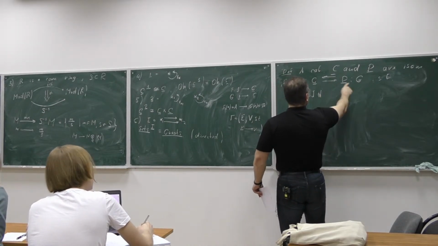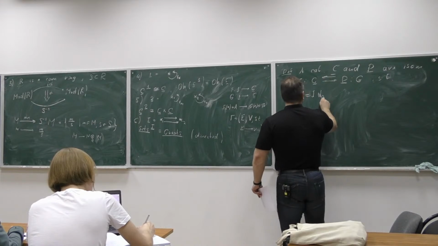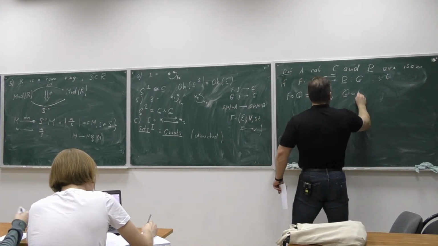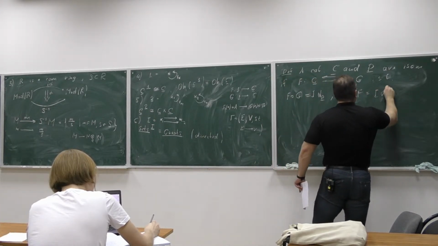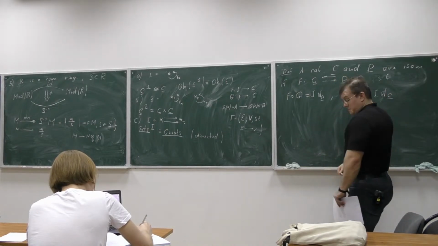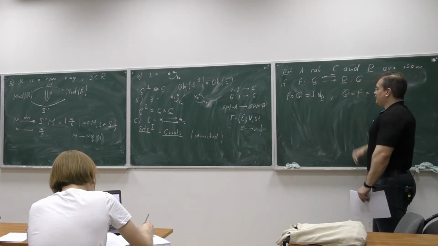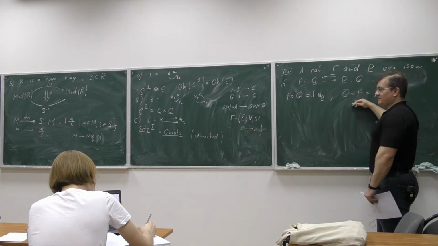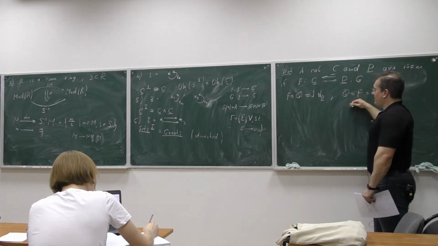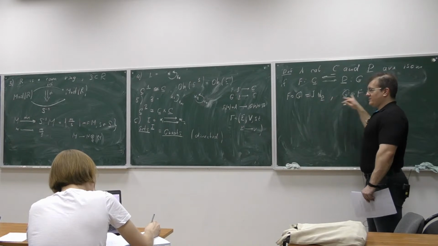So this G starts here, so this is identity on the D, and in the other direction, you get identity on this C. So that's the definition of an isomorphism. Notice that these functors are equal as functors.